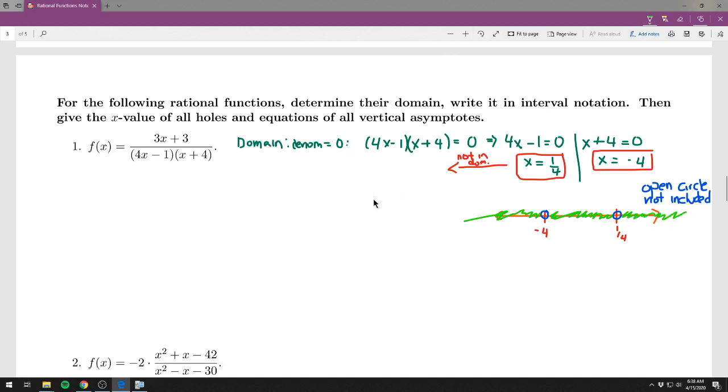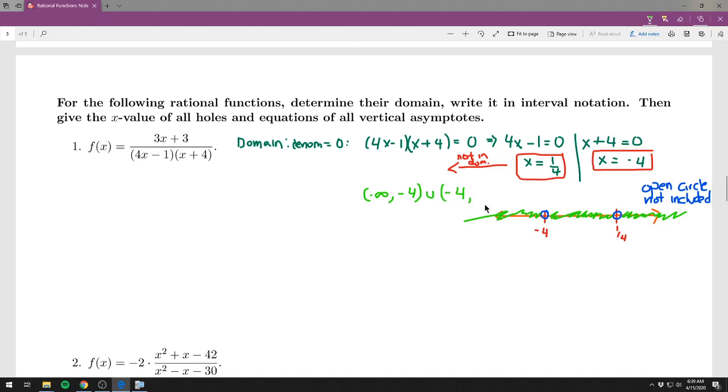If we write this in interval notation, we start at -infinity all the way to the left. We go up to -4. Open circle means it's not included, so we put a parenthesis. When we have more than one interval, we do a union. Then we hop right over, so we're still at -4, just on the other side.